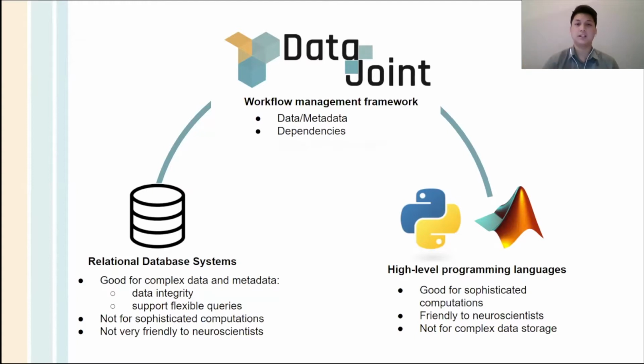DataJoint has built-in distributed computation that stores the code for your analysis at each level of your tables, or entity, if you will, and takes care of distributing the computation for you. So if you want to populate or execute any computation at any level, the parallel distribution is built in.